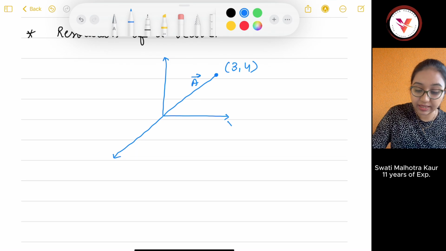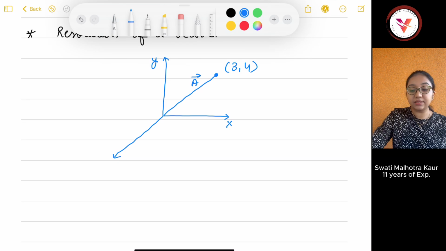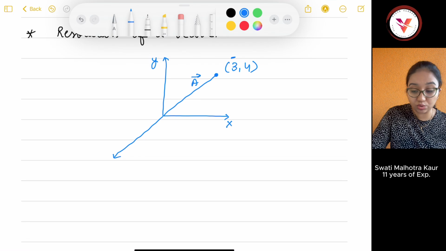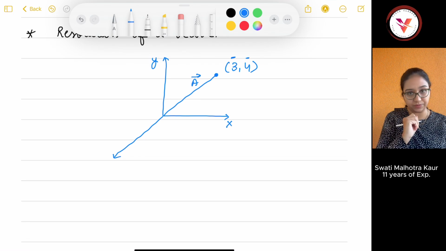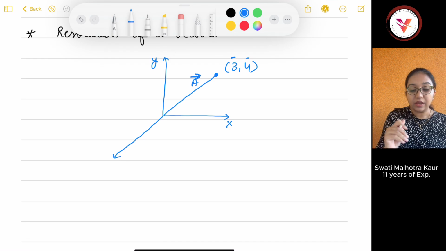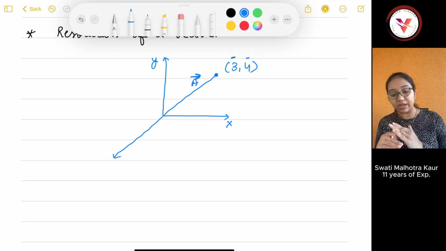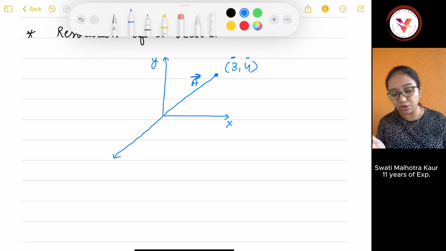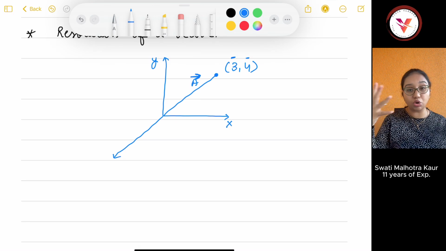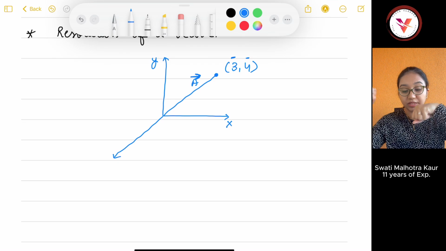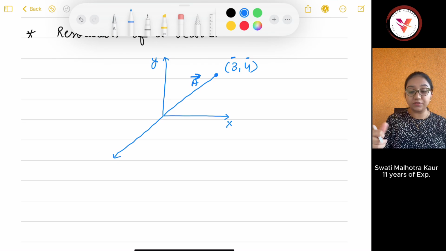Now, you can say that it has some effect along x-axis with a magnitude of 3. It has also effect on y-axis with a magnitude of 4. That means this A can be resolved along x and y-axis, or you can say it has a magnitude along x and y-axis. It can be thought like that, and the combined effect, the influence of this x and y combined gives you the net effect on this A vector.